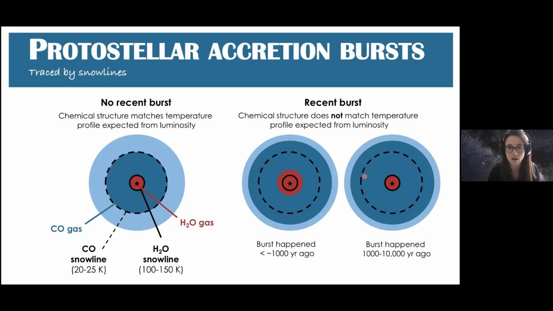In this second scenario, we see water extending out to where we expect the snow line to be, but CO is still more extended. And CO takes about 10,000 years to catch up. So that means that this burst would have happened between 1,000 and 10,000 years ago. So observing both CO and water will help us understand more of these details of this burst process.